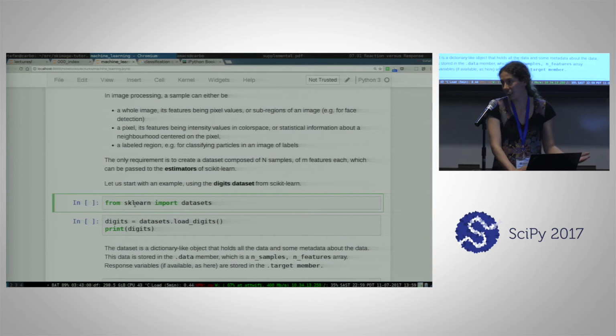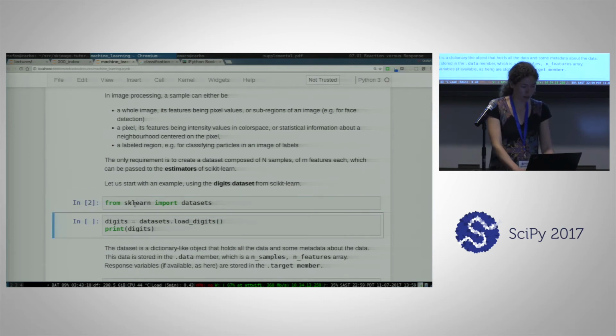So scikit-image is for processing images as NumPy arrays, and scikit-learn also works with NumPy arrays. And as you will see, the fact that both packages use NumPy arrays makes it very convenient to have them working together.